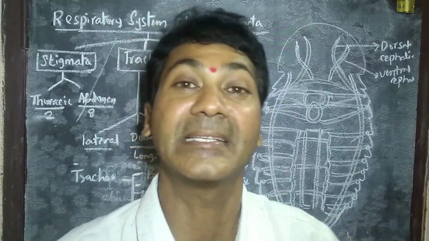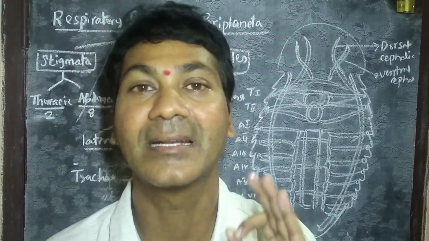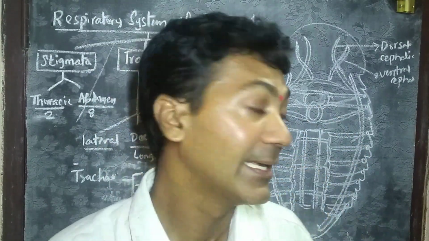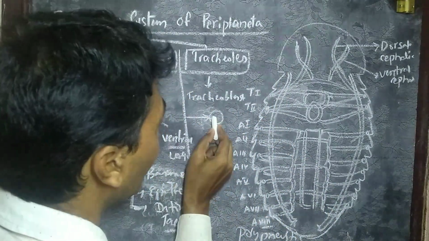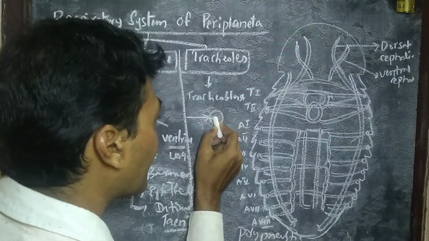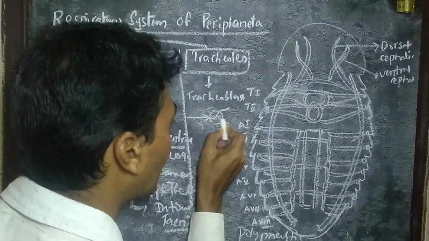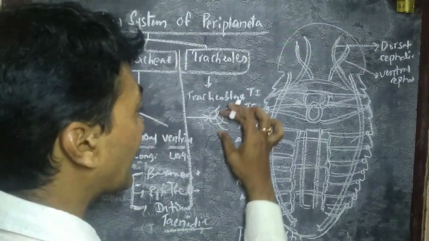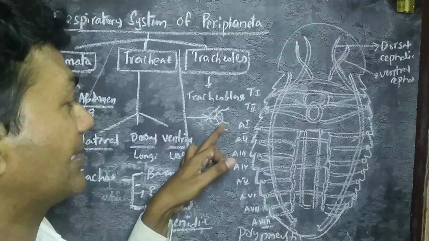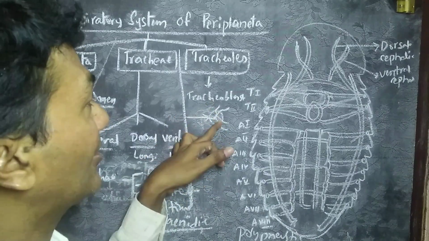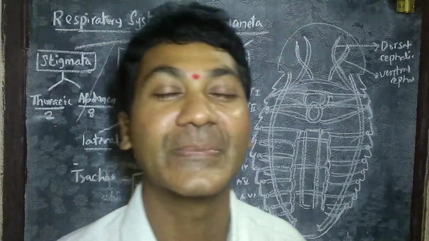The cell is known as the tracheoblast or tracheolar cell. Clear? Within the tracheoblast, it further divides into branches. These intracellular branches, I repeat, intracellular branches, are known as tracheoles.